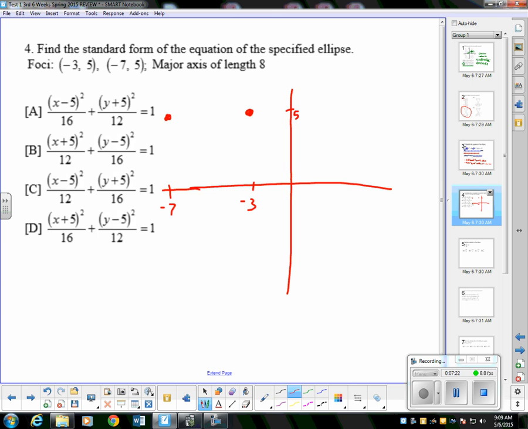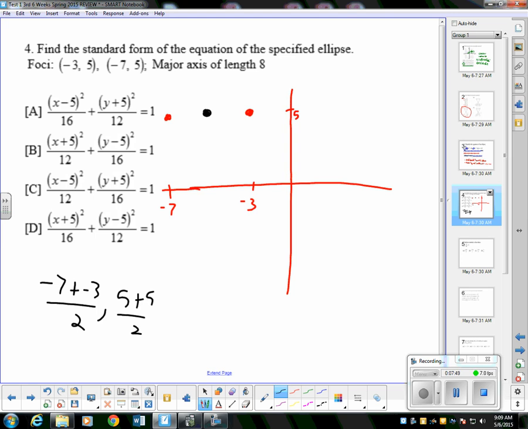First thing though, if these are the foci right here, then the center has to be directly between those two. Now I could try to figure it out, but I'm just going to use the midpoint right quick. I know that my center is going to have to be negative 7 plus negative 3 over 2, comma, 5 plus 5 over 2.